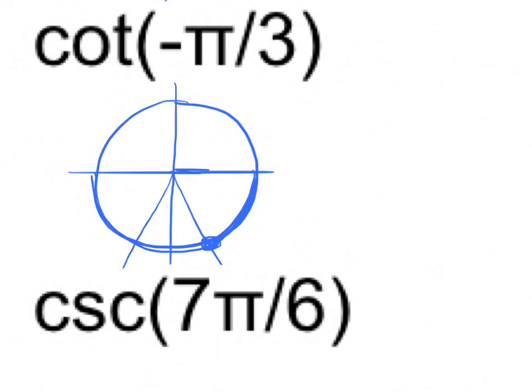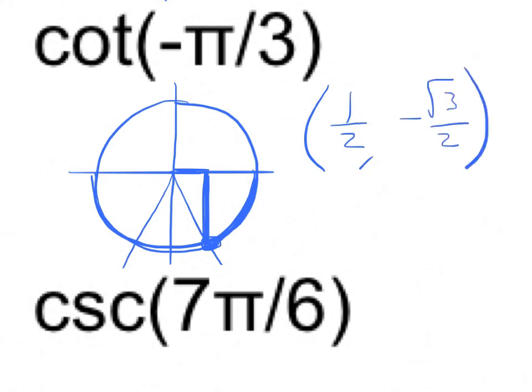So that has a short x-coordinate, a long y-coordinate. The x-coordinate is positive, the y-coordinate is negative. Now we want the cotangent, so there's more steps to this. Remember that the cotangent of an angle is 1 over the tangent of that angle, which is basically x over y.